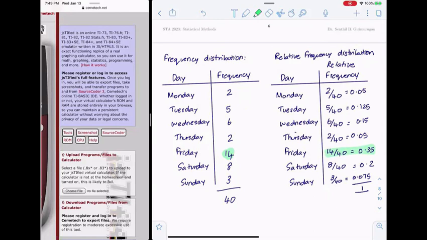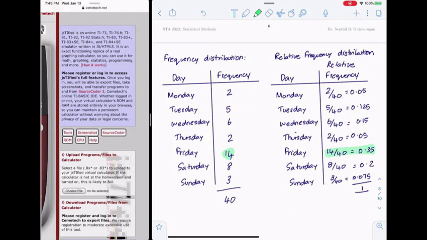So if you were a restaurant owner, based on this survey, if you want to spend money, you'd spend it on a Friday. This way, people are more tempted to buy takeout on a Friday.